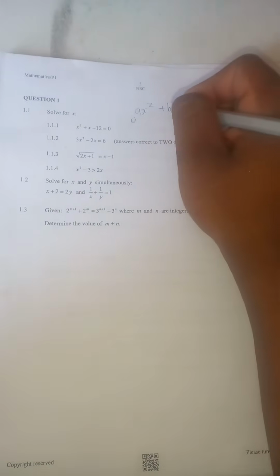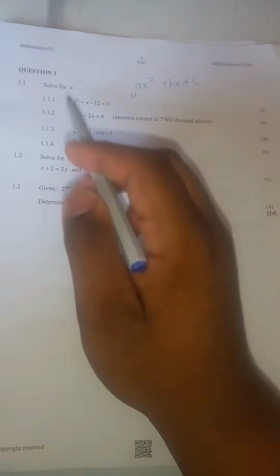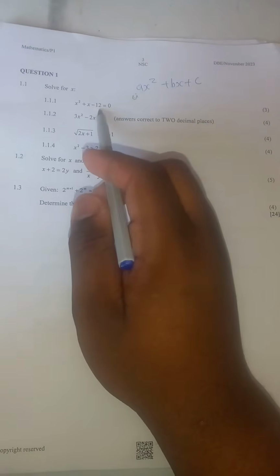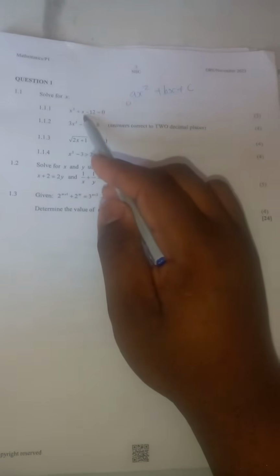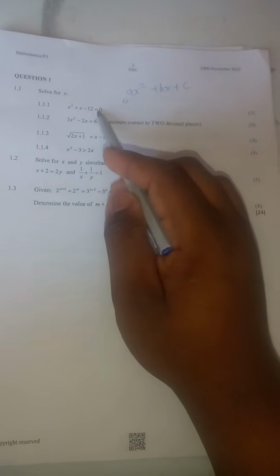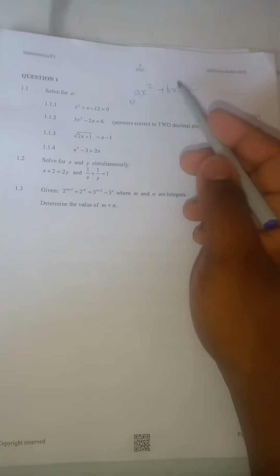This is the correct form of a quadratic equation, which means you must follow this form: ax squared plus bx plus c. So let's check our equation. I have x squared plus x minus 12. It means the equation is sorted because there is x squared, there is x, and there is minus 12. So now I can simply solve for x.